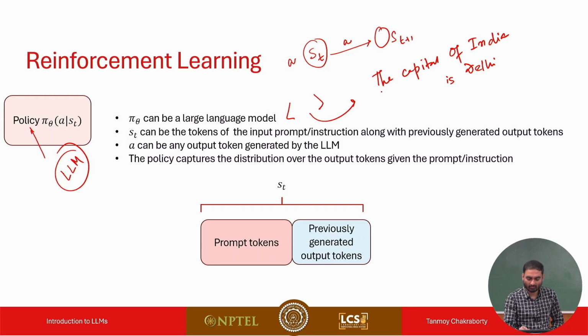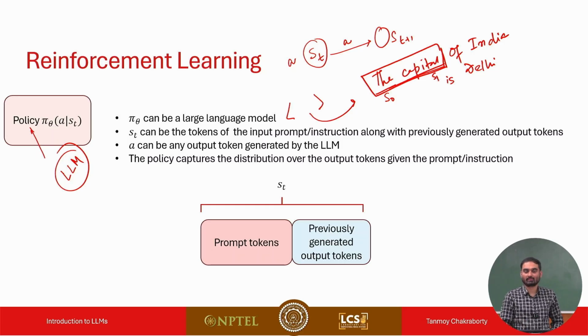The model generates this, and this is state 0, right? Based on a certain action, let's say the model now generates this word, capital, right? Now whatever we have so far is my current state. So let's say this is state 1.